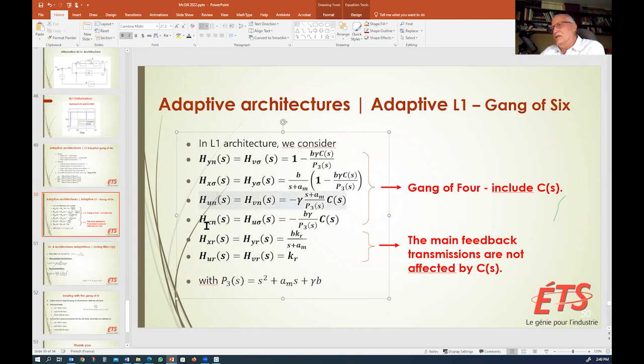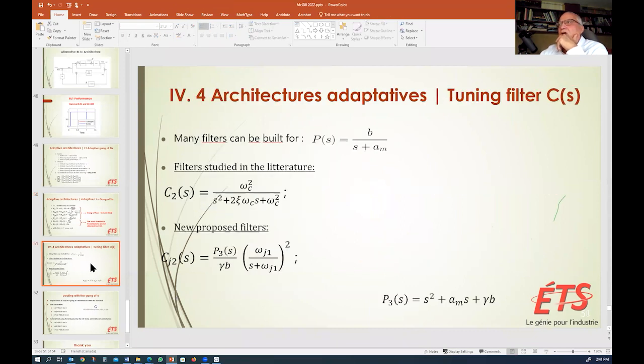I take all the possibilities, and I have also at the end here my output x to r, u to r. I would like them to be good, and those are not affected. The feedback loop is not affected by C of s. Remember, because the adaptation loop was somehow disconnected from the stability loop.